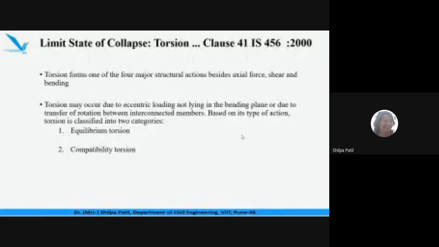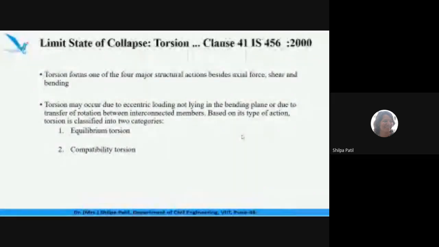So along with these important actions, that is axial force, shear force, and bending moment, the fourth major structural action is the torsion. Now, the torsion may occur due to the eccentric loading, which is not lying in the bending plane of any particular member, or it may be developed or transferred due to the transfer of rotation between interconnected members.